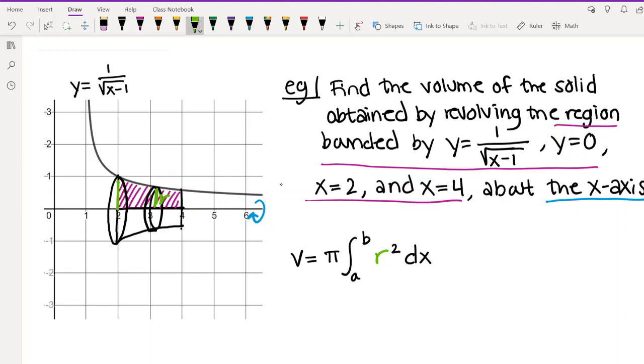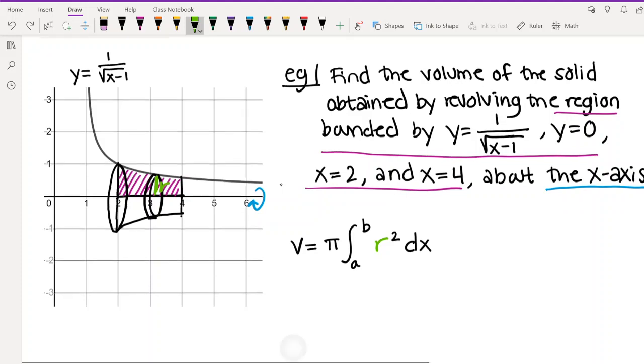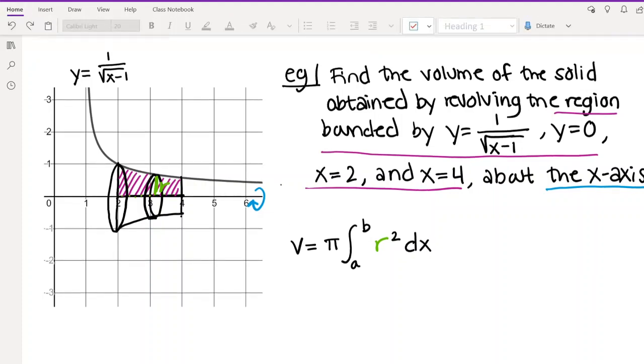And that's exactly the radius we see here. And if you wanted to find the radius at a slice at x equal to 3, then you would plug in 3, and you'd have 1 over square root of 2. So whatever x value you're choosing to do your slice at, you can always find the radius by just plugging that into this function.